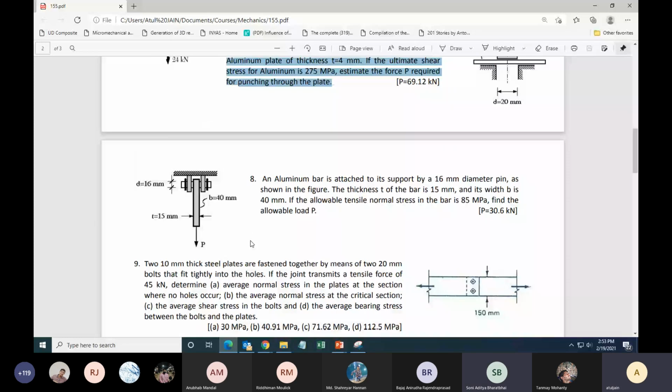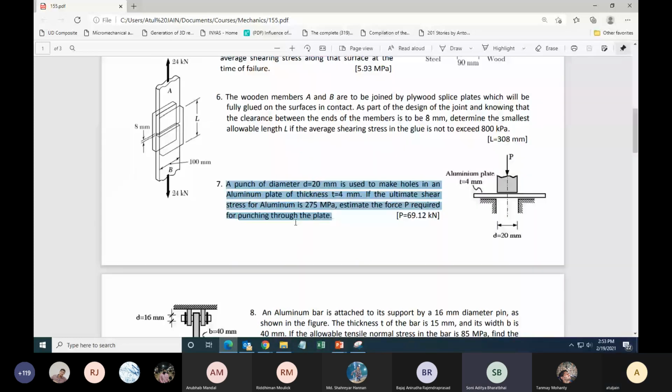Sir, I have a doubt. In which number? Means I have a doubt in theory that in many cases we are given maximum allowable shear strength. So is that only a material property, or there are other factors affecting it? It is usually allowed or ultimate. Ultimate is a material property. Usually you will make a sample, you will go to a lab and you will apply loads in a universal tensile machine till it breaks.